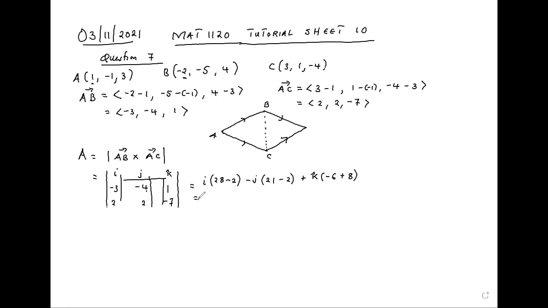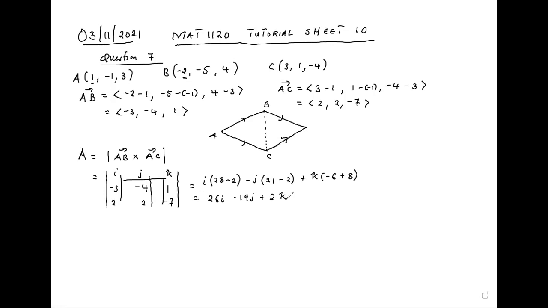And then 28 minus 2 is 26i, minus 19j, and plus 2k.